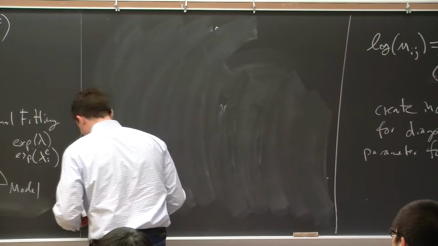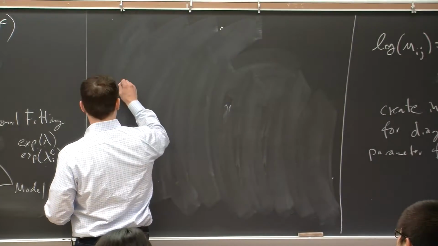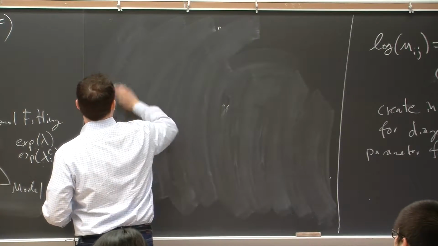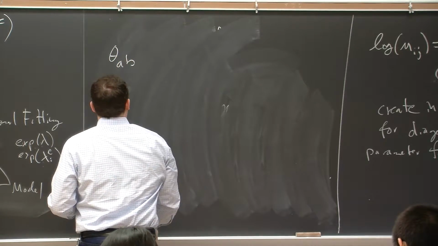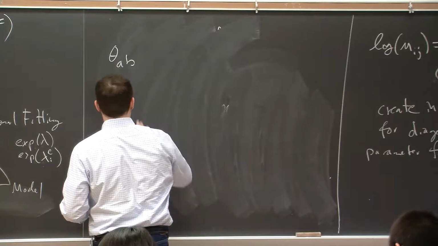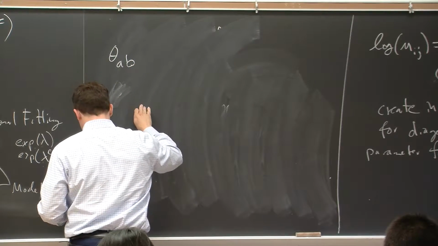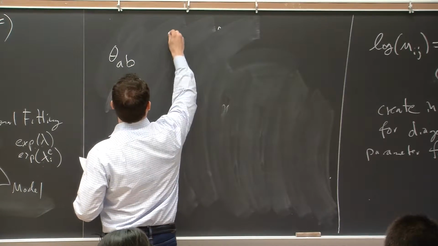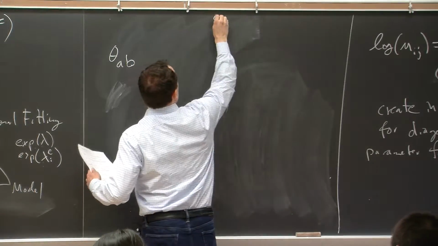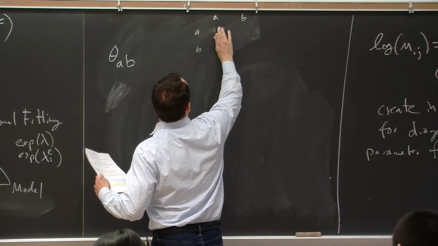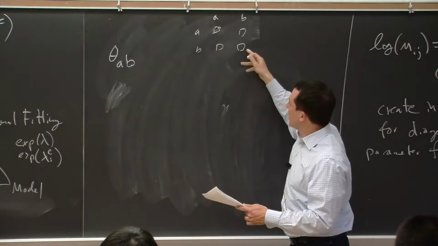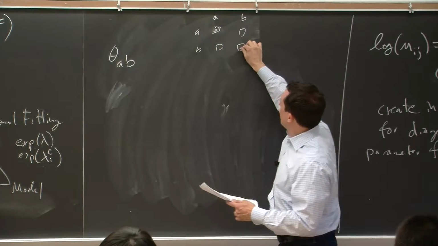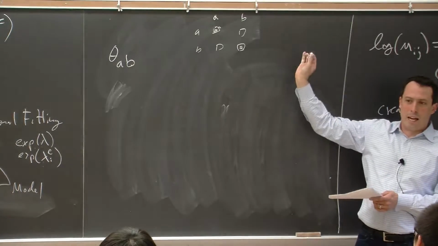Like an odds ratio for AB, where I'm just looking at, I have an A and I have a B, so I'm looking at the little 2x2 table inside the big table, and that necessarily involves AA and BB, which are both on the diagonal.